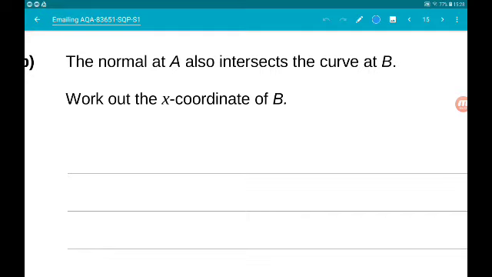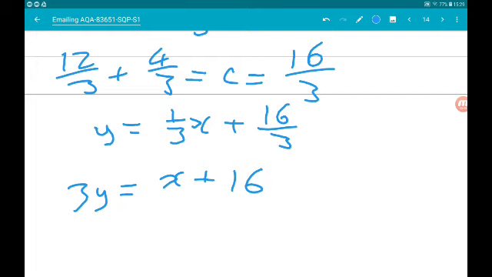So, we know that y is equal to x squared, add 5x, add 8, so that's the equation of the curve, and I'm going to use y equals 1/3 x add 16/3 for the normal.